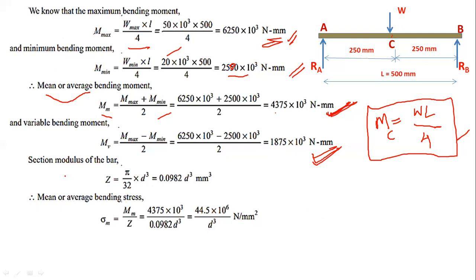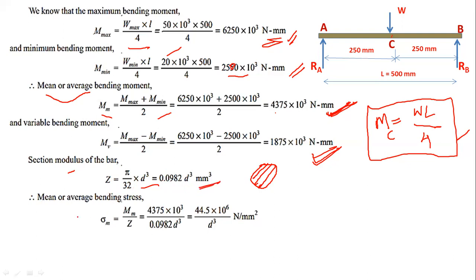So from section modulus formula, for circular cross section for solid shaft, Z equal to pi d cube by 32. This is the formula for section modulus of a solid shaft. So finally Z equal to 0.0982 into d cube.